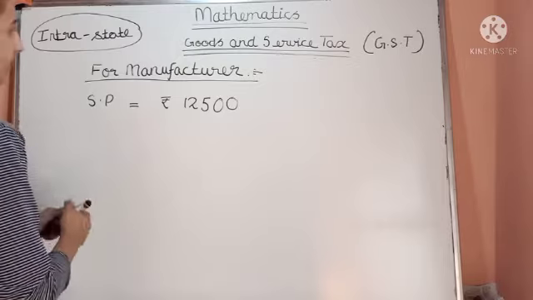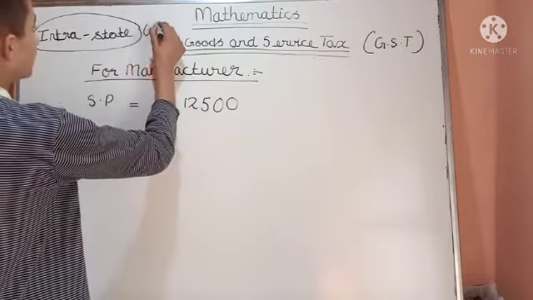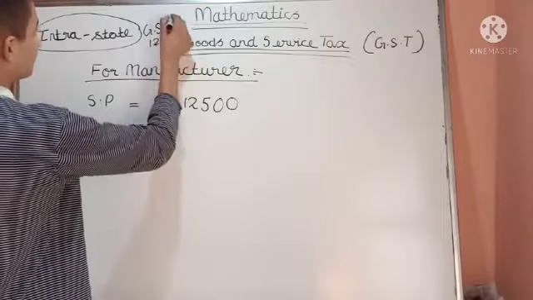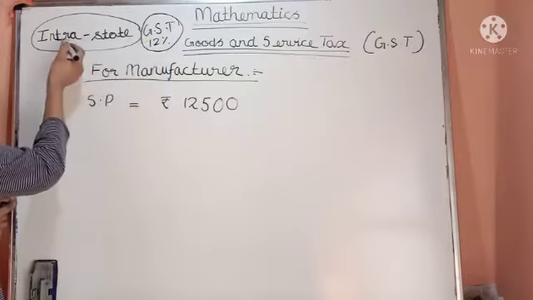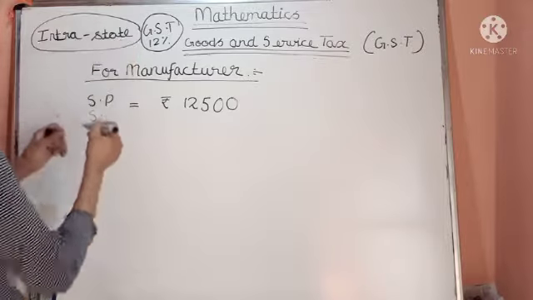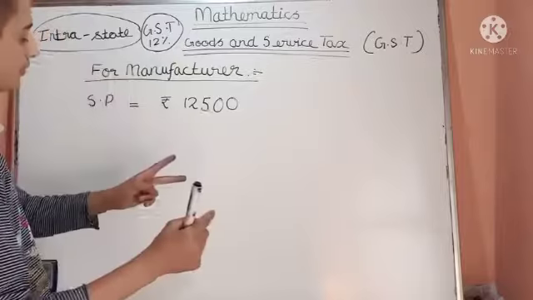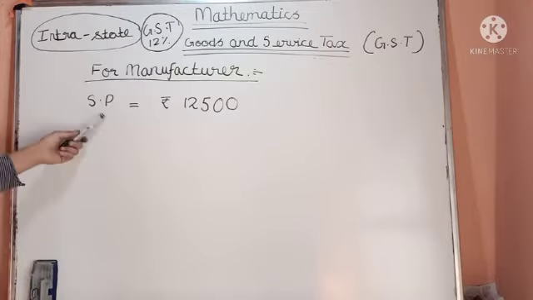You have to just read the whole question, then solve it. So GST is 12% and the sale is intrastate, so the tax will be divided into CGST and SGST. SP is rupees 12500.